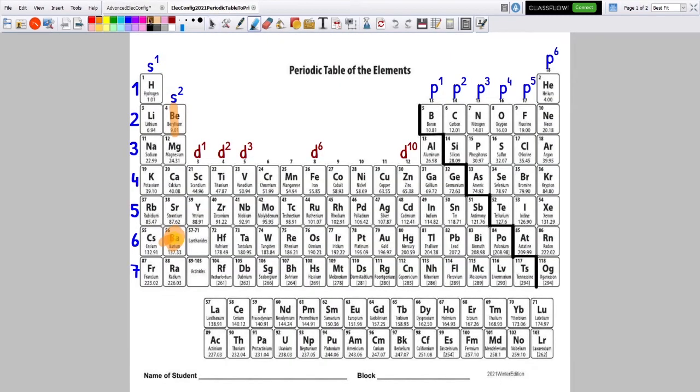Here's our periodic table. Selenium is right over here. And so we know that it's in the P4 column, and we know that it's in the 4th row. So the ending will be 4p4. Let's write that down.